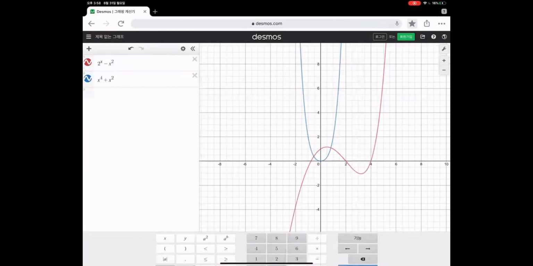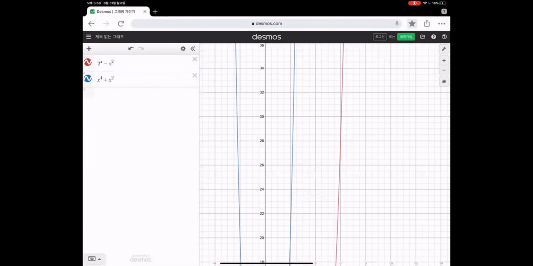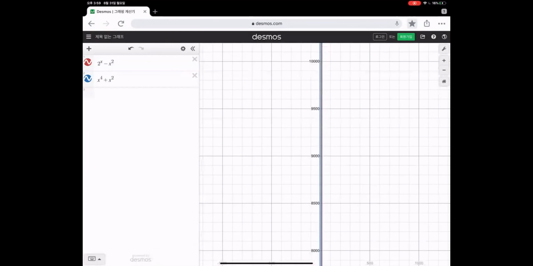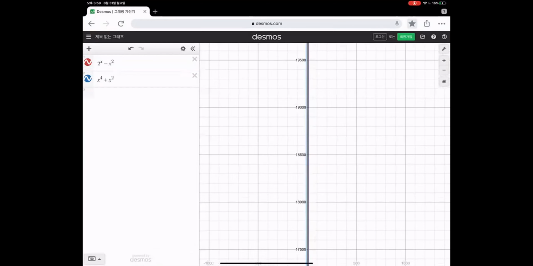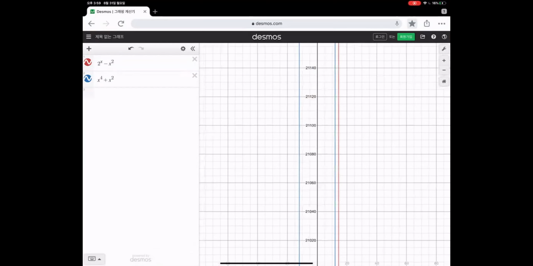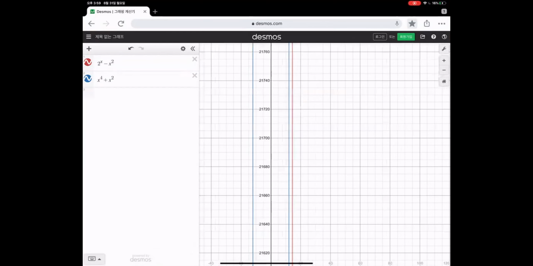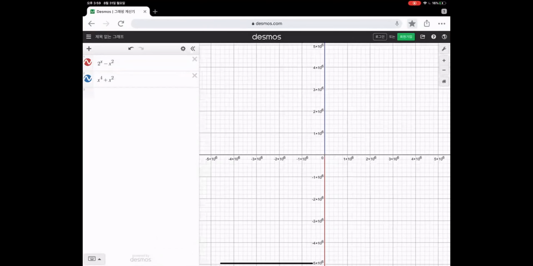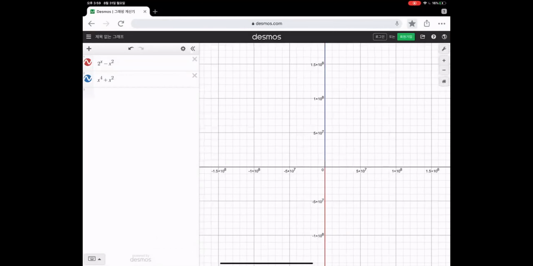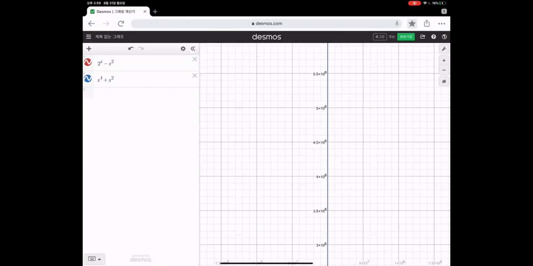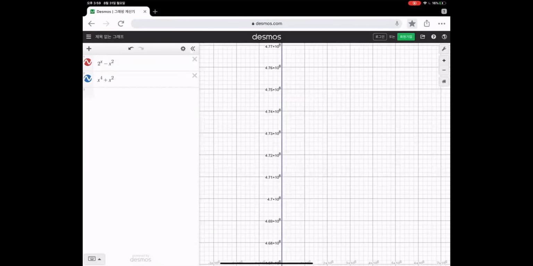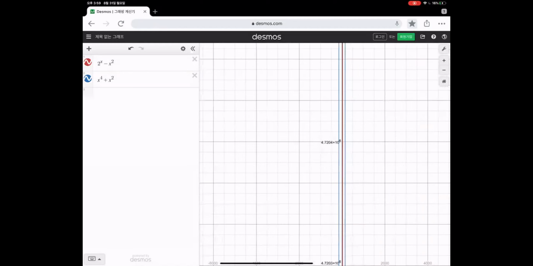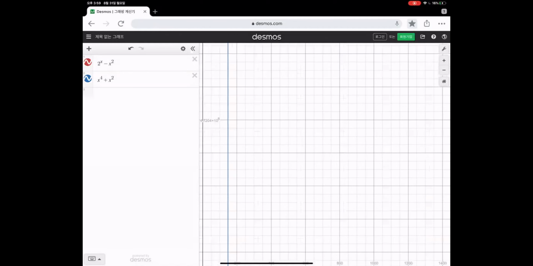So if you go deeper, the red one will take over the blue one.